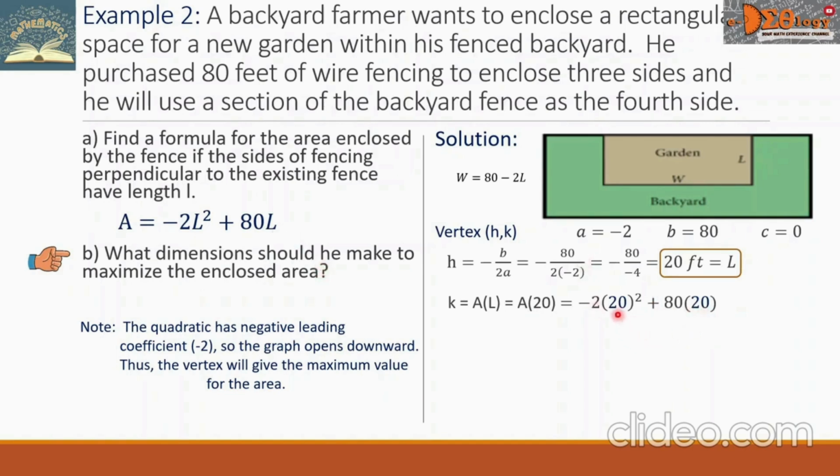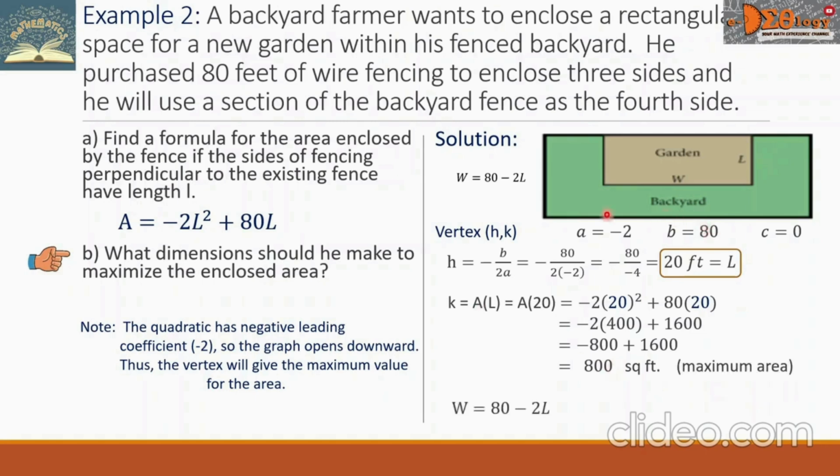Then we simplify. 20 squared is 400, plus 80 times 20 is 1,600. This negative 2 times 400 is negative 800, added to 1,600, so we have 800. We can put the unit of measurement, square feet. Since this is A, that means this is the maximum area.